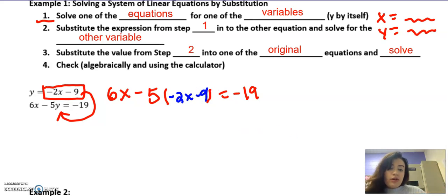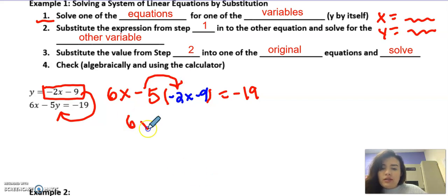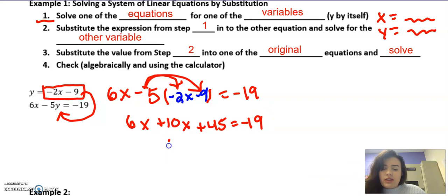Okay, and from now on, we're just solving like we know how to do. So we're going to take this negative 5 and multiply it by negative 2x. We get plus 10x. And we're taking negative 5 times negative 9, and we get plus 45. That equals negative 19.